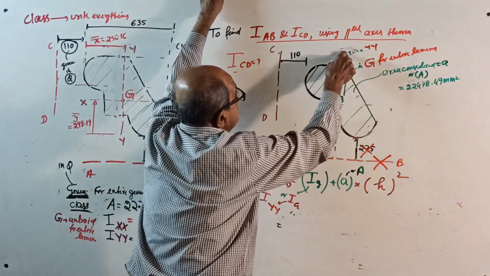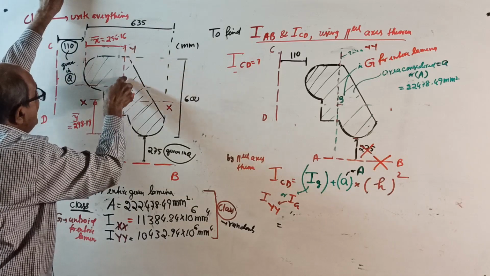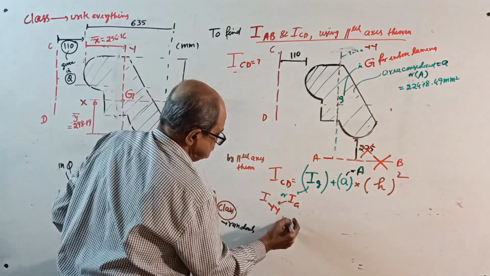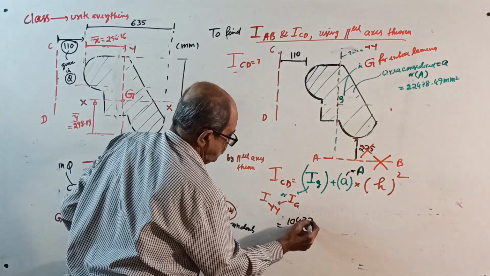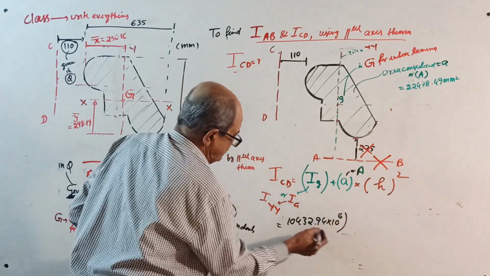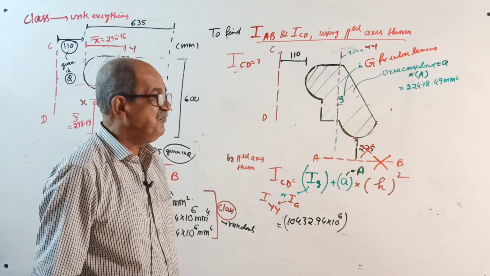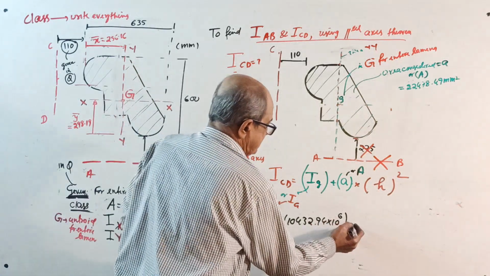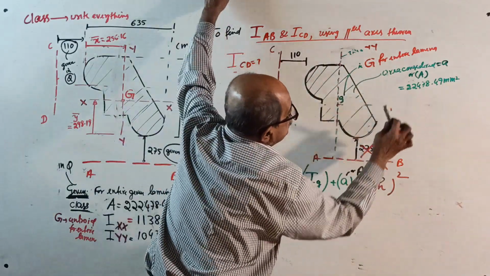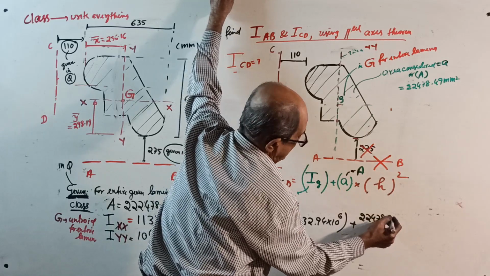IG is I about YY, which is 10432.94 × 10^6. I wrote a random number, but treat it as a real number. Plus area of the entire lamina, 22478.49.